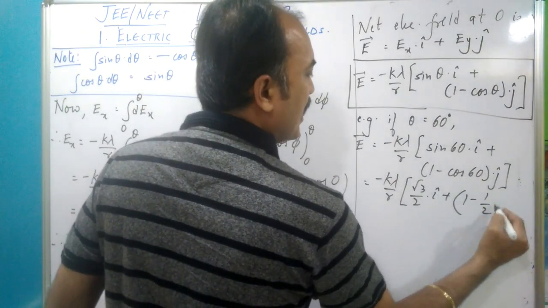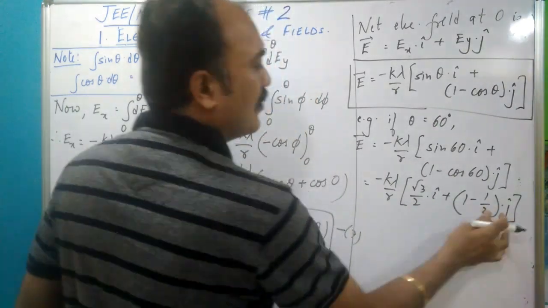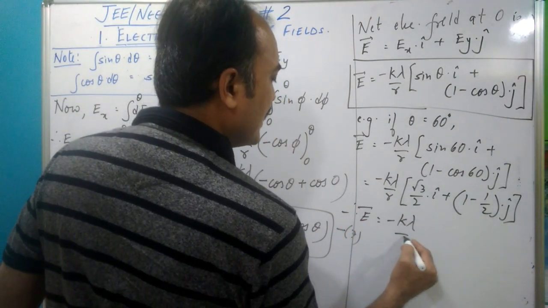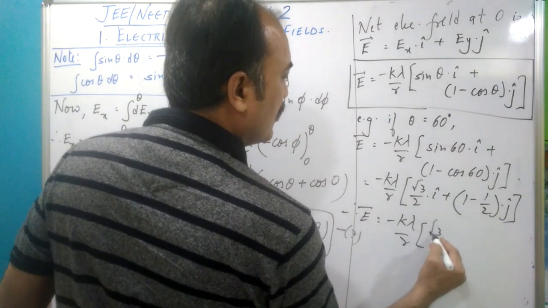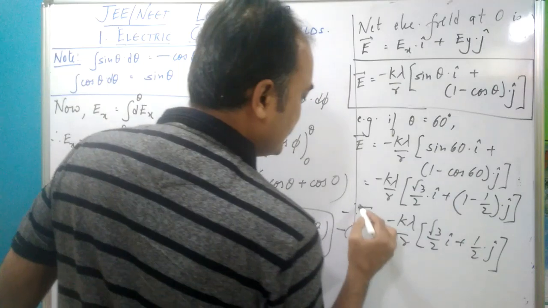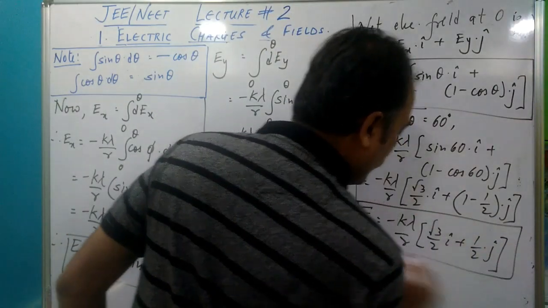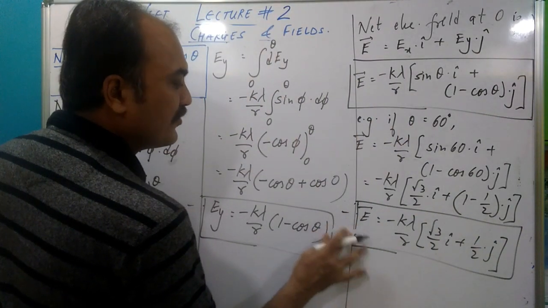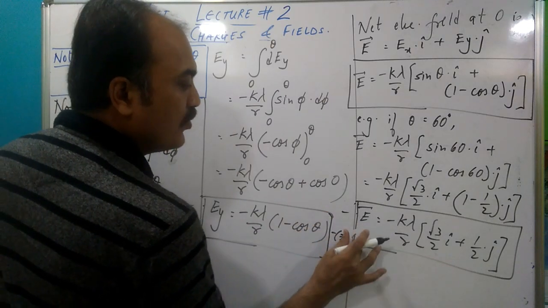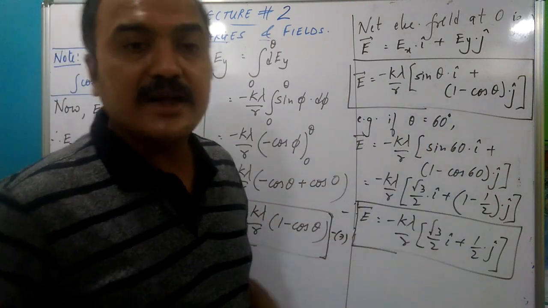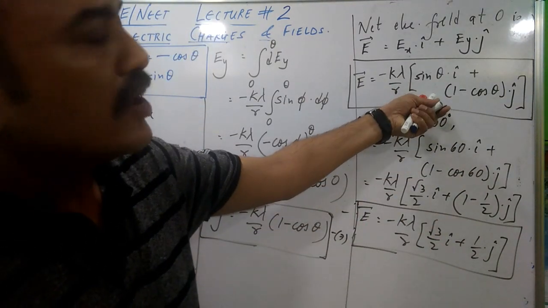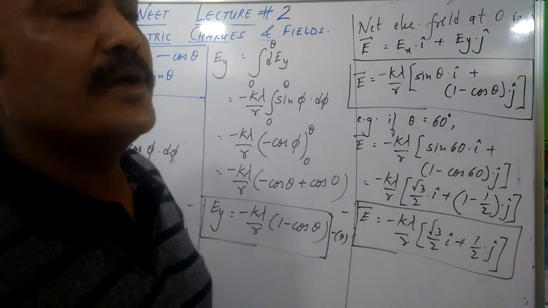Cos 60 is half, j cap. 1 minus half is half. So E bar is minus k lambda by r, root 3 by 2 i cap plus 1 by 2 j cap. Wouldn't you invest some amount of time for achieving such a beautiful formula, which on application will give you the answer in a jiffy? So you can memorize this answer actually.